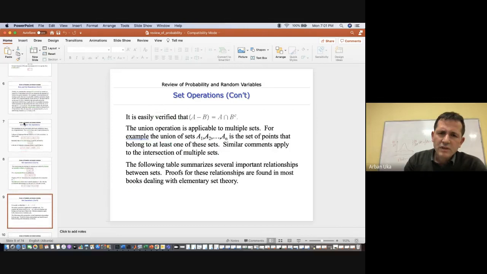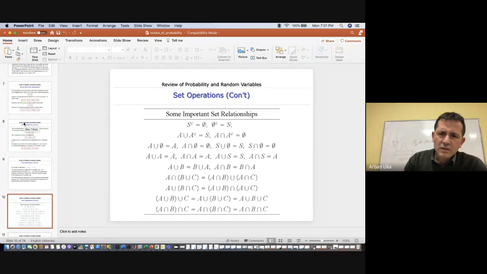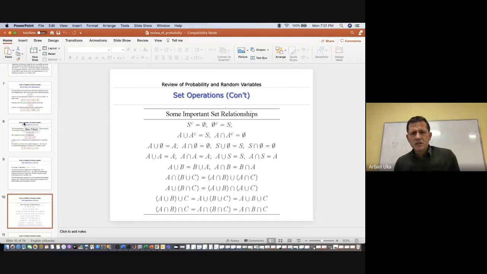We have here the intersection. Here we have the complement. So these are also some important set relationships. You can always go back to these slides and see, because starting from chapter 3, I believe, today we want to start chapter 2, but starting from chapter 3, we can see another detailed understanding of these set relationships.